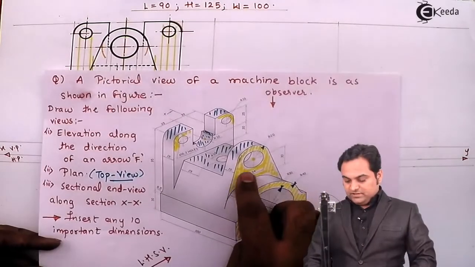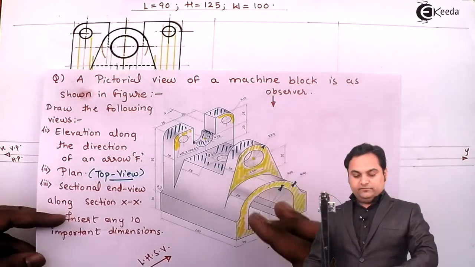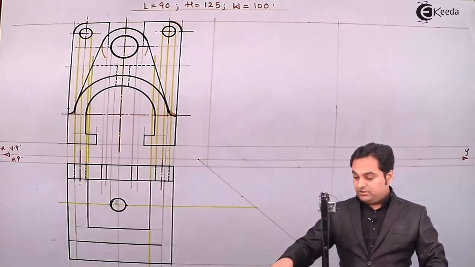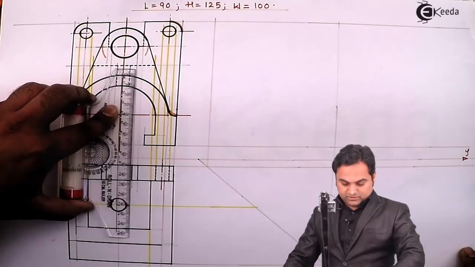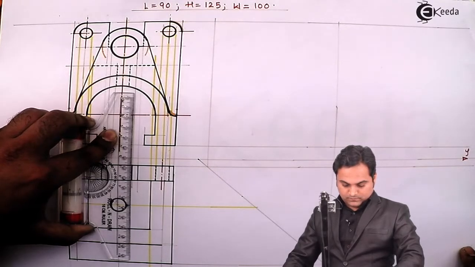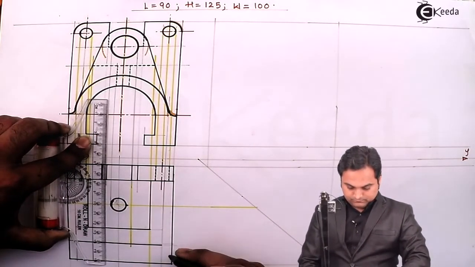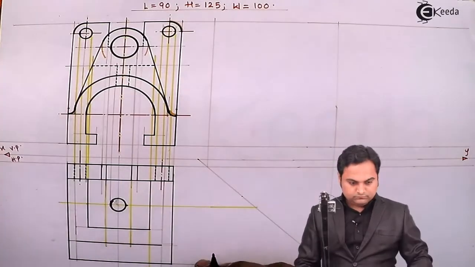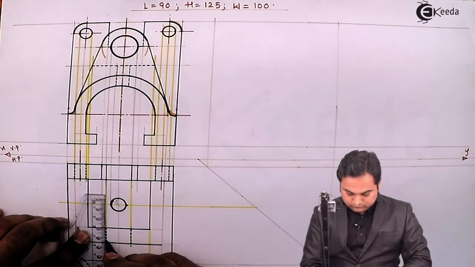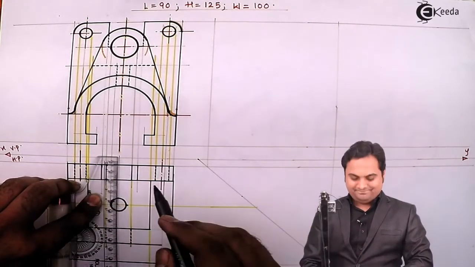Next, there is a circle of diameter 24 inside this plate, which is a curved plate. So here the plate is there in the top view. I'll just project the circle from the front view, which is along this same line. Then I'll draw the center line.